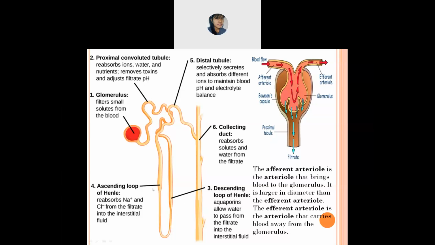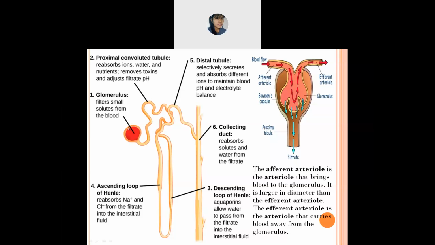And fifth, you will see the distal convoluted tubule, or distal tubule, or in short DCT. And the sixth and last is the collecting duct, and from here the urine will pass to the renal pelvis, which I will discuss later. For now you just know the structure.